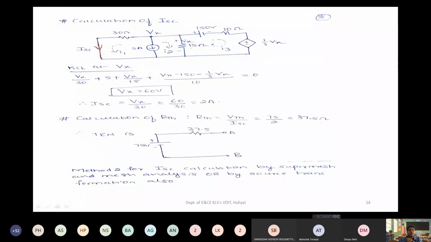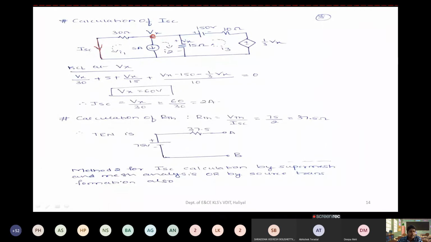Now once you short circuit this, again you can solve for Vx by plenty of methods. At the beginning you may feel that mesh analysis is very easy, but I suggest you prefer nodal analysis.